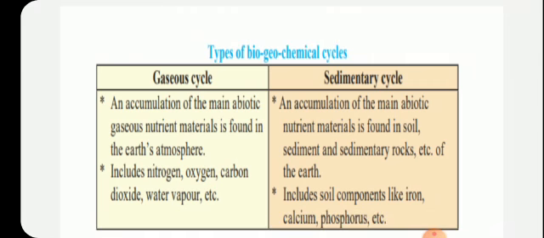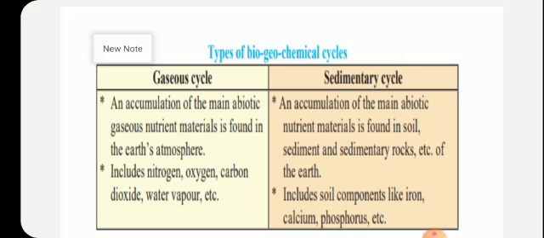Whatever you had studied, you know that some gaseous substances are also transferred, they are cycled, and some solid substances are also transferred during the transfer of the nutrients from herbivores to carnivores, and then its decomposition. So, one by one, we will study both the types of biogeochemical cycle.